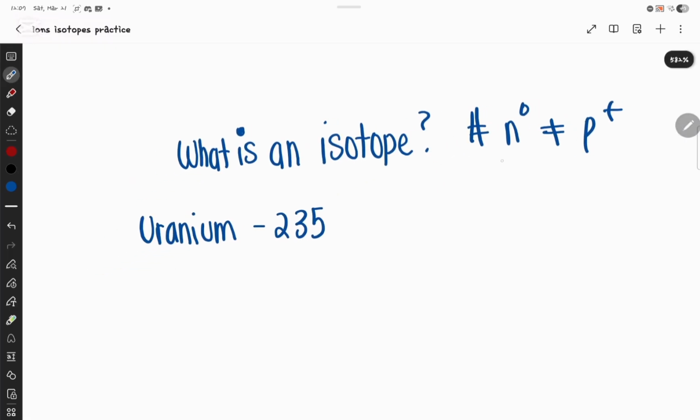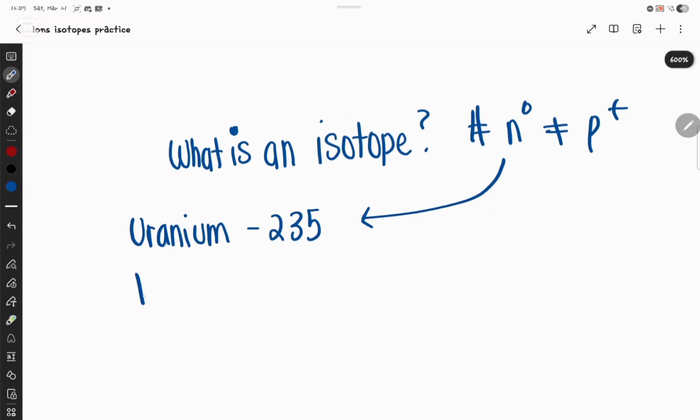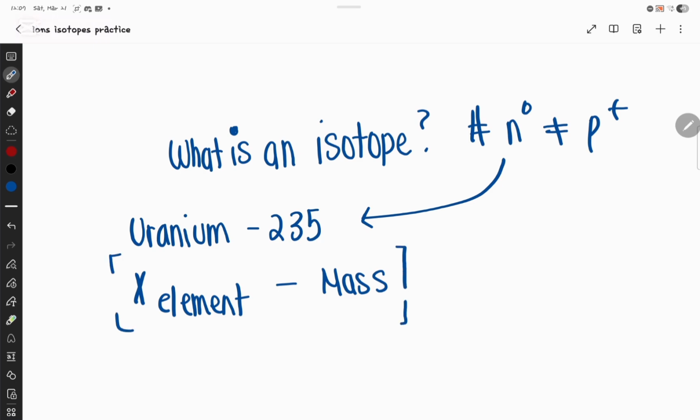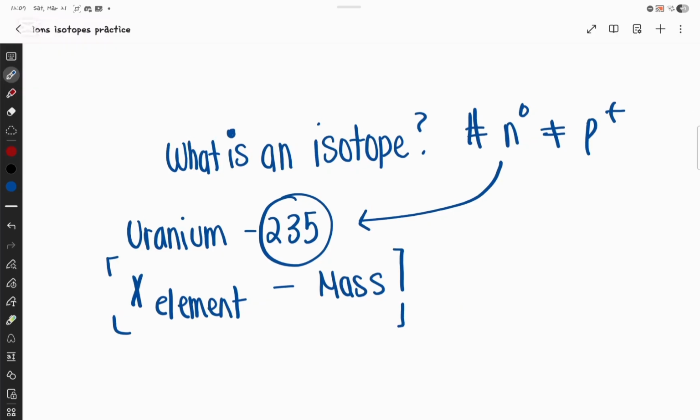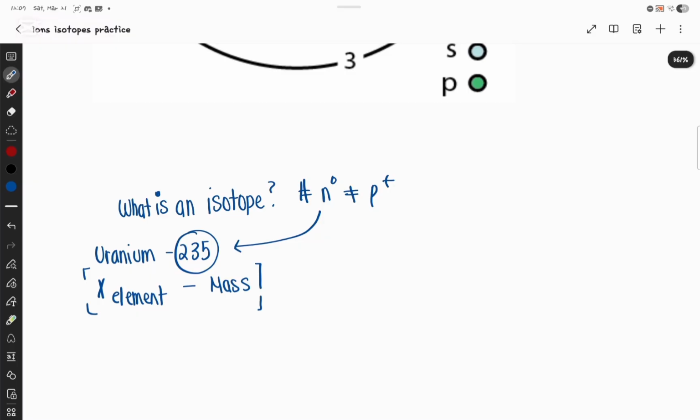That's why they indicate it by an X element, hyphen, and then the mass of that isotope. That is your format. This would be your mass, which is the number of protons and neutrons. Sorry. So that is the basics of an isotope.